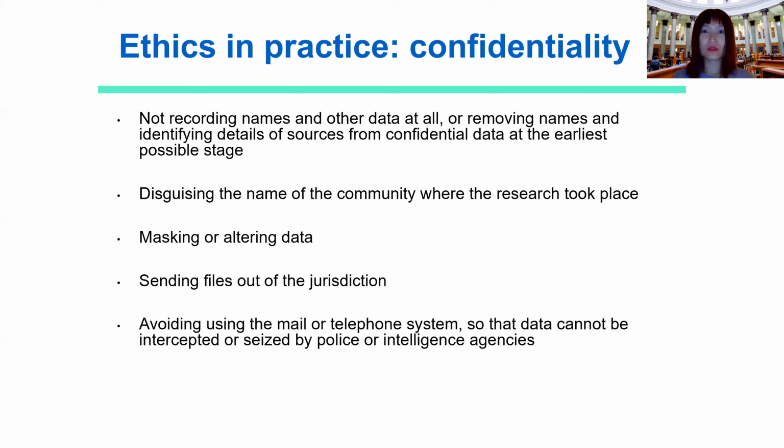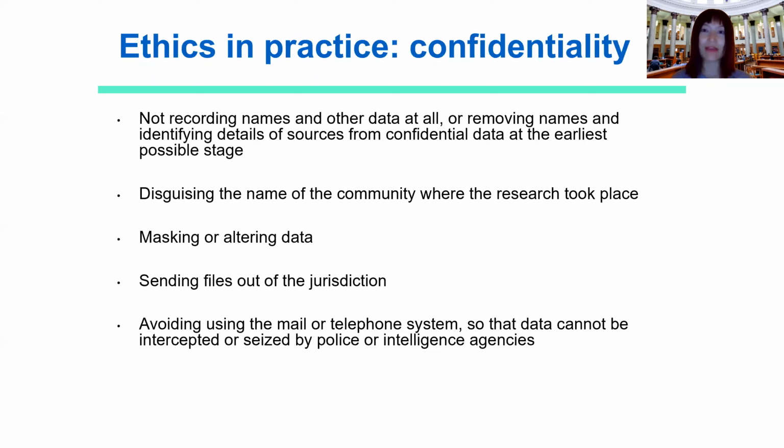Or you could also give them a code like X101 or Z04. So you can give them a code to refer to a particular participant. And there are other ways besides anonymity. You can also use pseudonyms. A pseudonym is where you use a fake name to cover their real name.